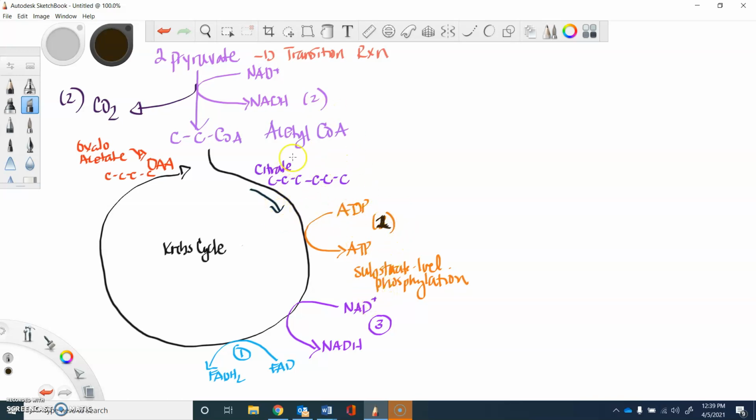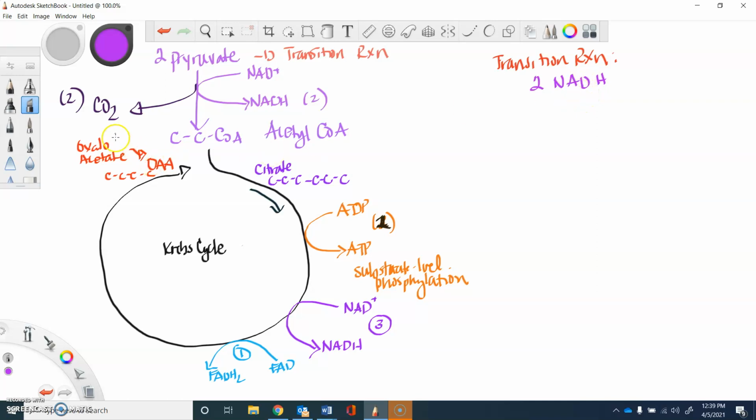in total, if we look at these 2 reactions, so we have the transition reaction, we're going to get 2 NADHs, okay.